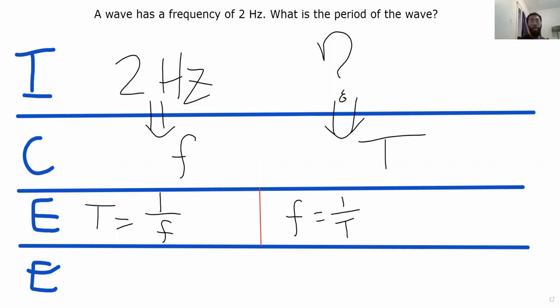All right. So in this way, we're going to be using algebra. So we have frequency equals 1 over the period. All right. Now we are trying to solve for the period. And in order to solve for the period, we need to get T by itself, right? So currently it is 1 divided by T. So it's not totally by itself.